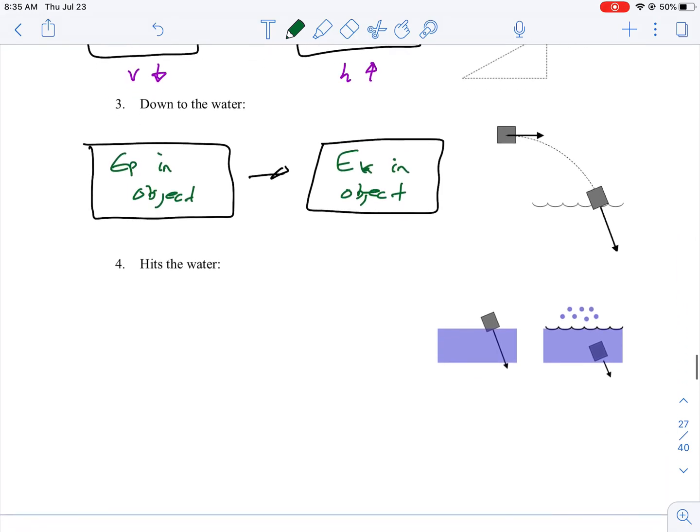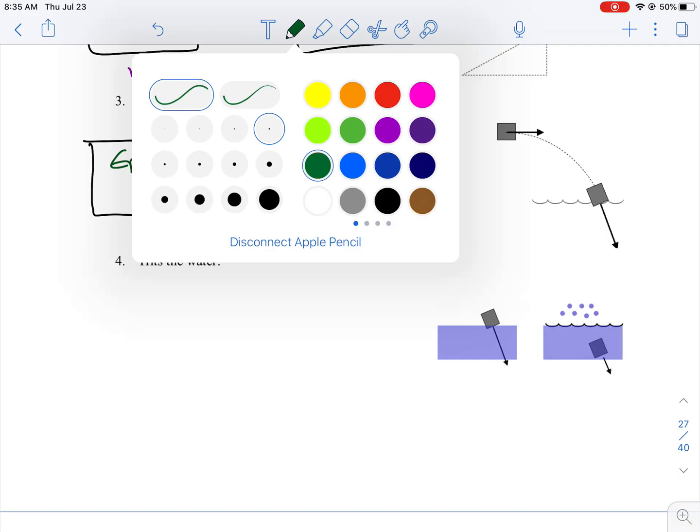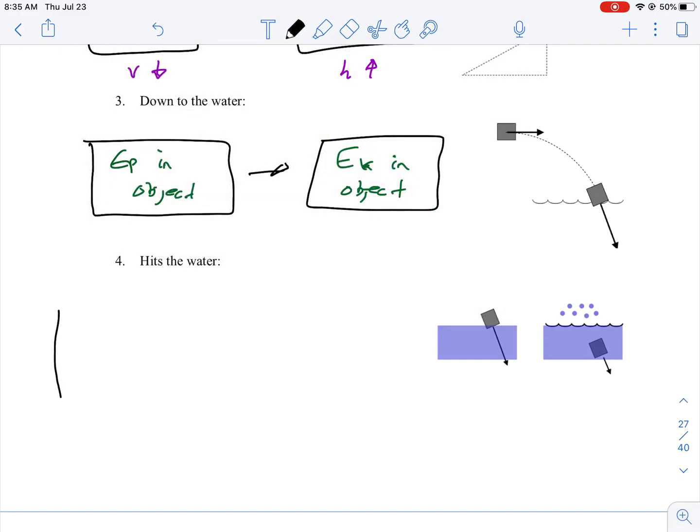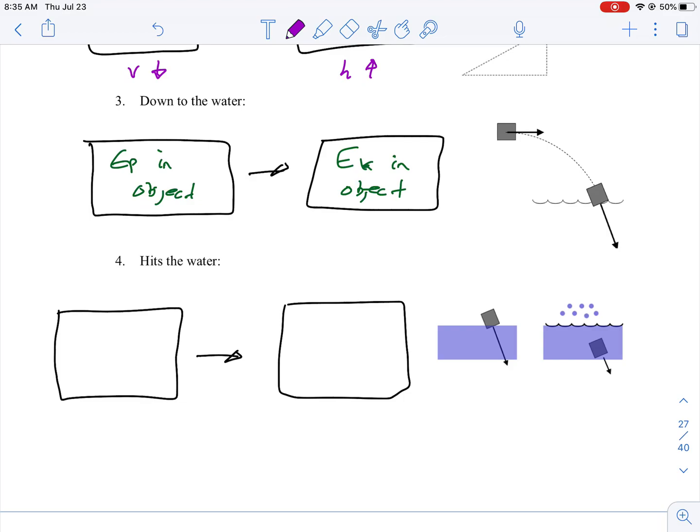And then we get to a little cute, playful one where it actually hits the water. And the idea here, we know that when it actually hits the water, there's going to be a small decrease in height, a little bit. So I'll put that in brackets.